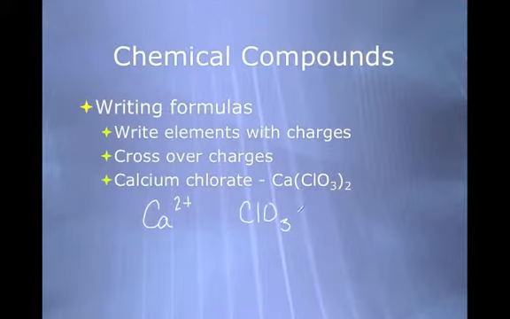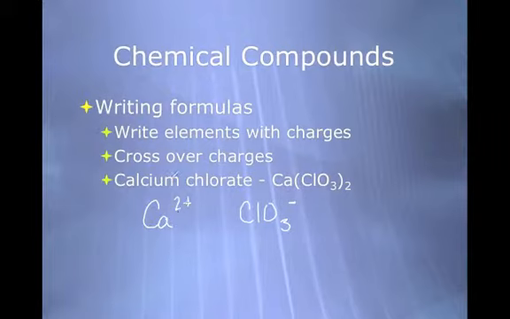What charge does it have? -1. So how many chlorates do we need to balance out the calcium? 2. We want the charges to balance out. It needs to be a neutral compound. So we have a 2+ and we have a -1. So how many -1s do we need?